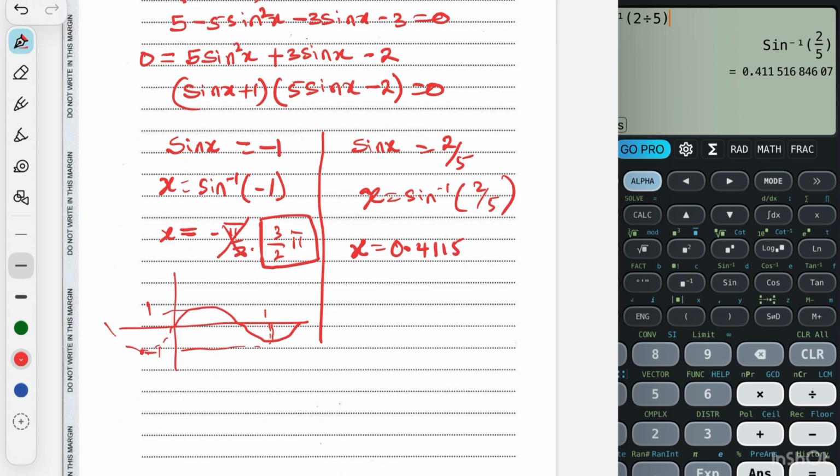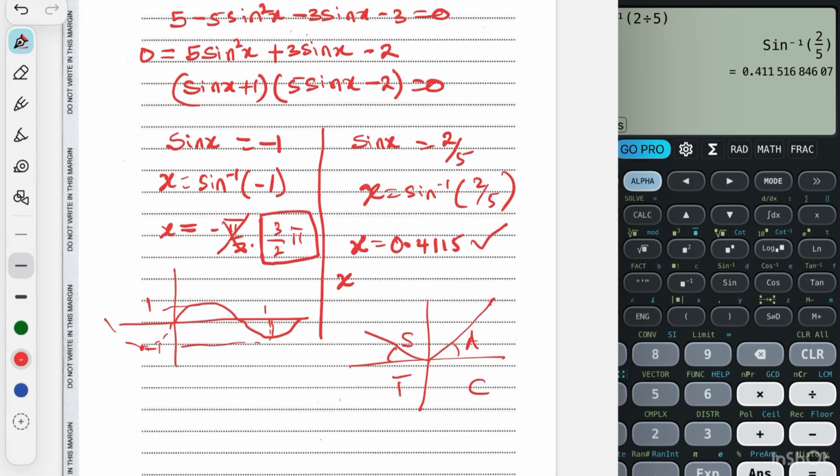Now, I don't know how you do your other values. So CAST: sine is positive, so I'm here and I'm also here. So this is the value. Then the other value will be pi minus answer, 0.4115.